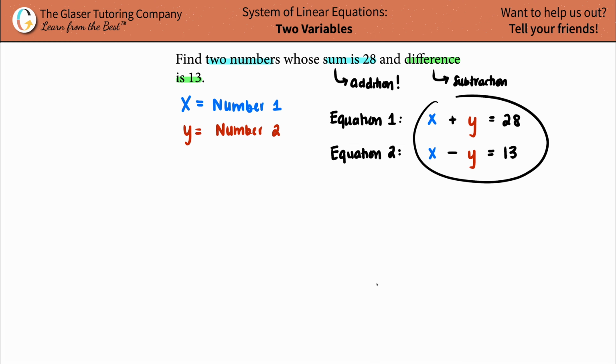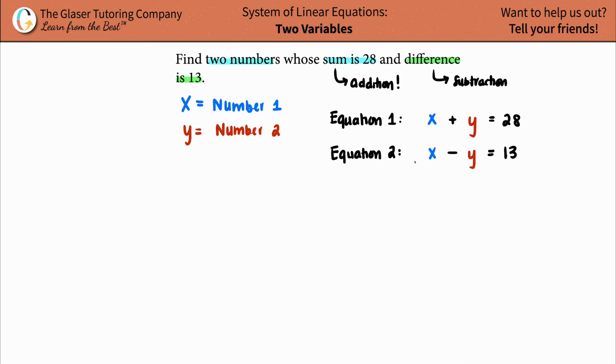Okay, now we have two equations which we're going to use to solve for X and Y. The first thing is that we need to get our equations into just X equals or Y equals. In this case, we have a beautiful setup here, and you can do substitution, elimination, or the addition method when you have two variables.